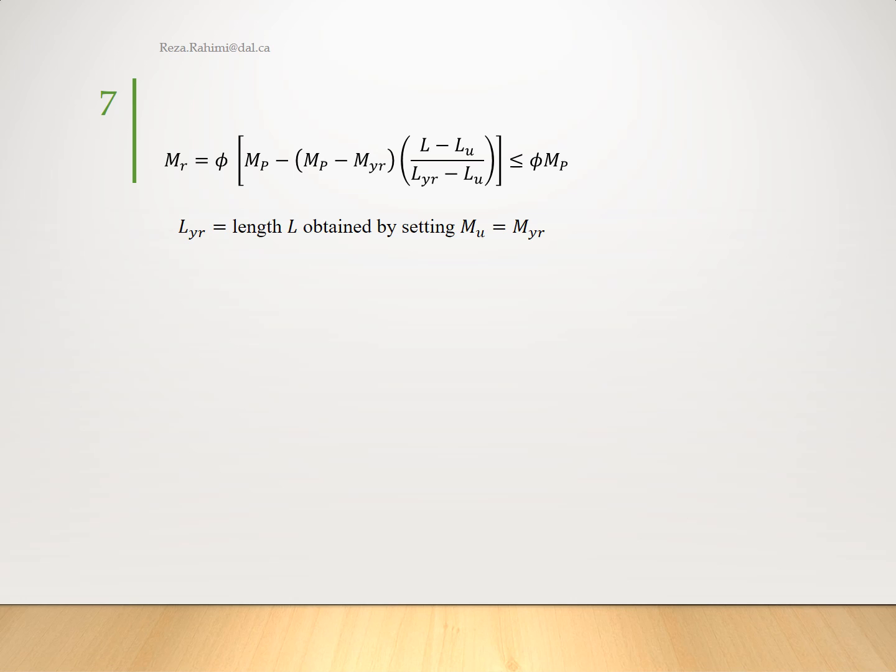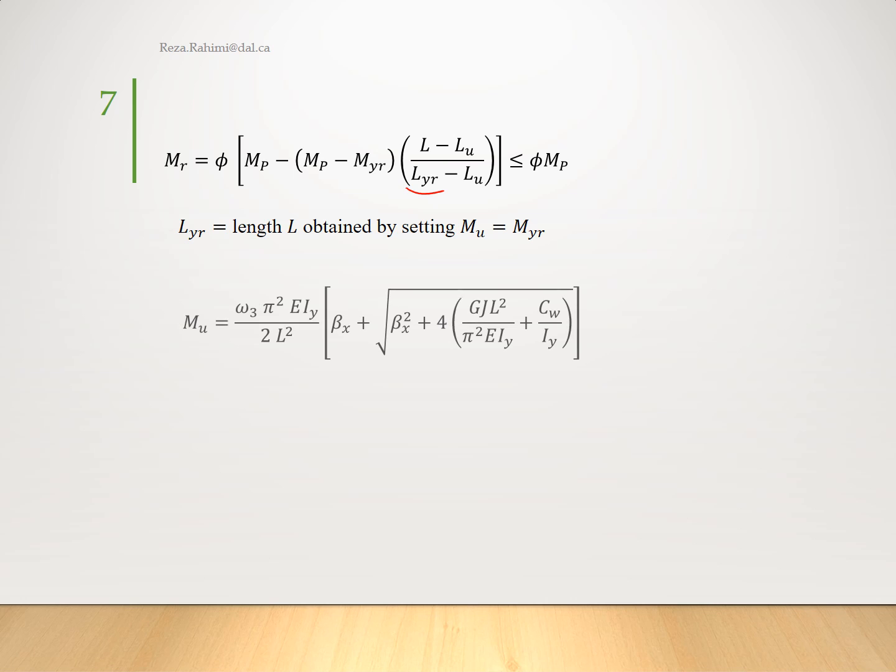The next parameter in this formula is LYR. LYR is the length L obtained by setting Mu equal to MYR. So Mu is this formula. We want to put that equal to MYR, so it's no longer Mu. This L will be LYR, and this one will be LYR squared.